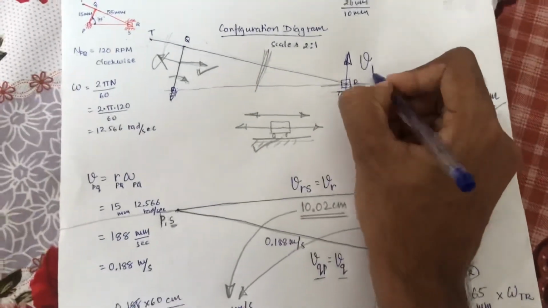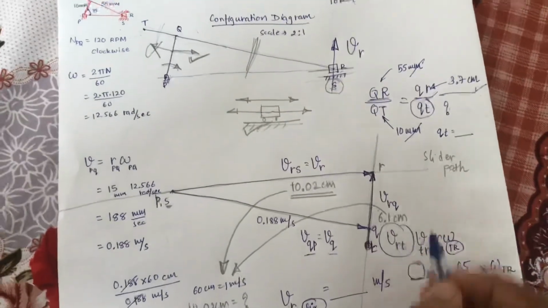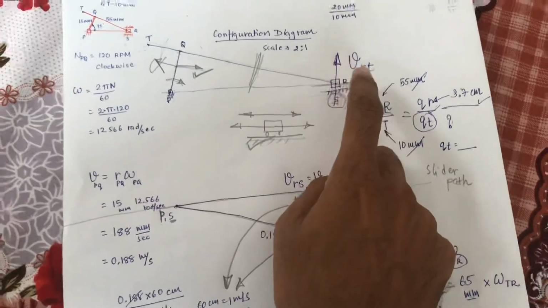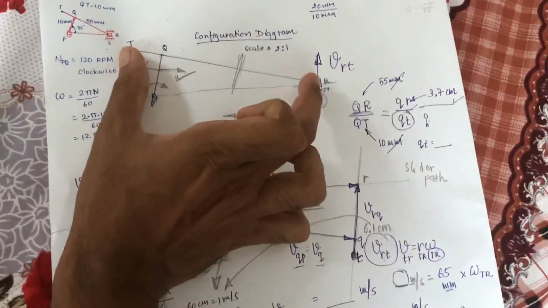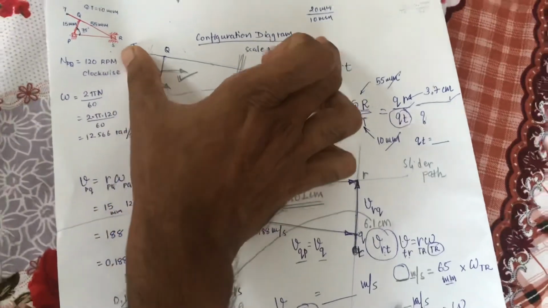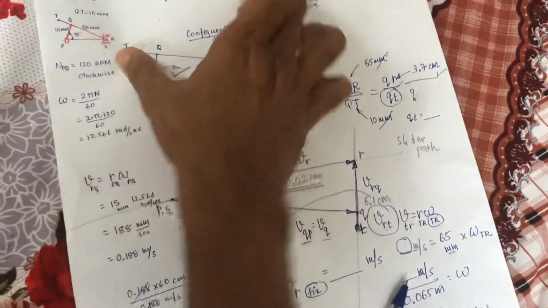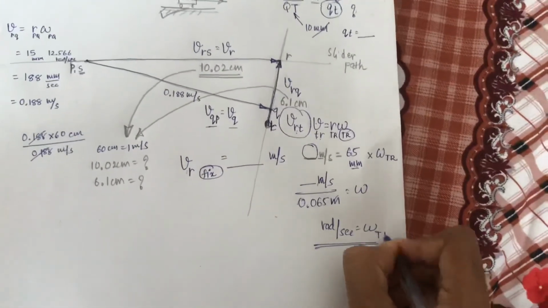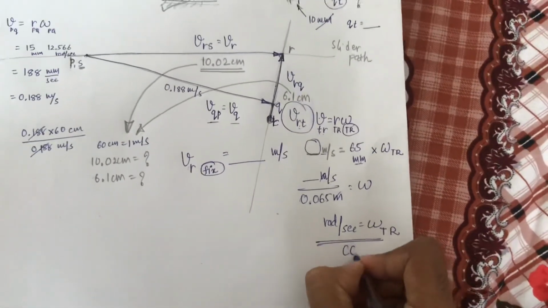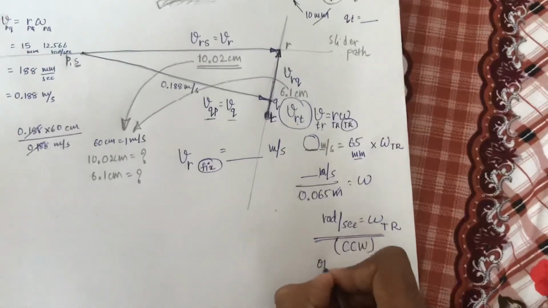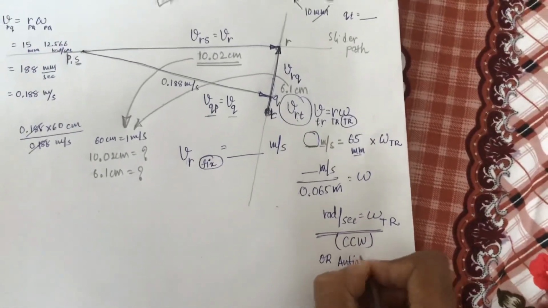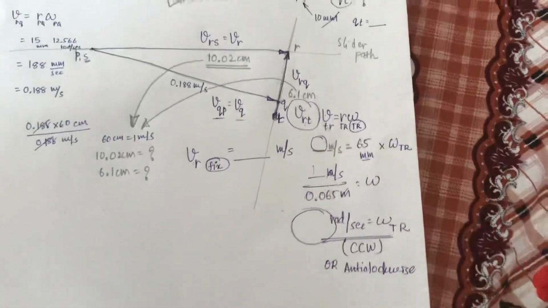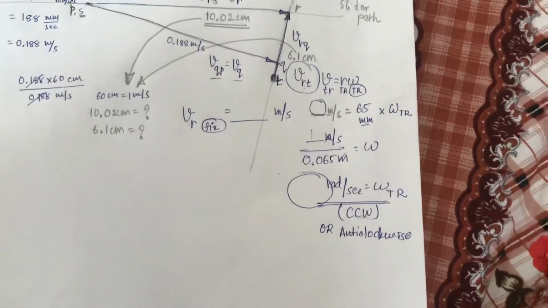That is the velocity of R, with respect to which point? With respect to T, because we want to find that. So T is fixed and we take the velocity of R. When you rotate with respect to the T point, that is anti-clockwise. So the angular velocity of the TR link is counterclockwise. And whenever you do the ratio, that will be your answer in radian per second.